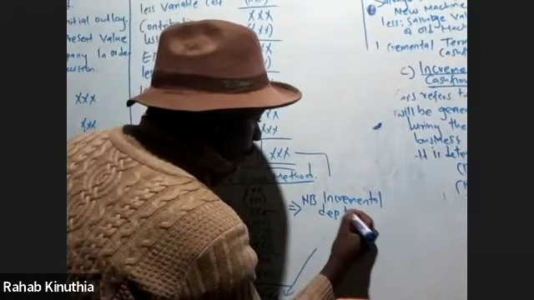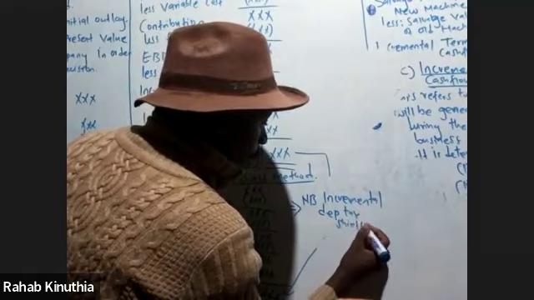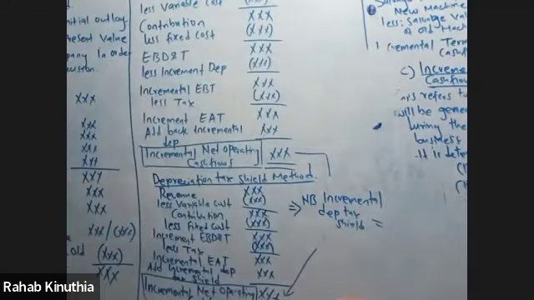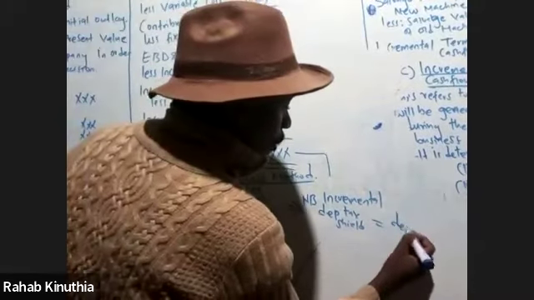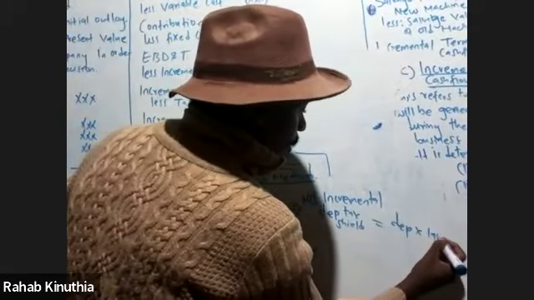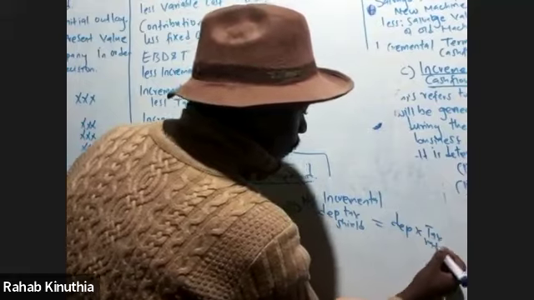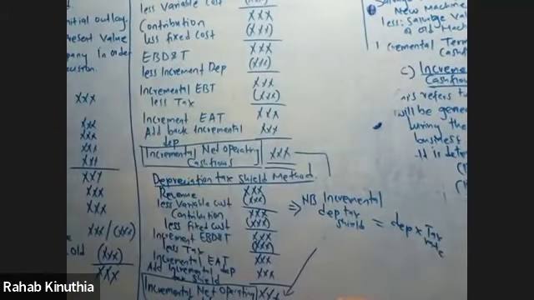How do you find it? You take the depreciation, you multiply with the tax rate.